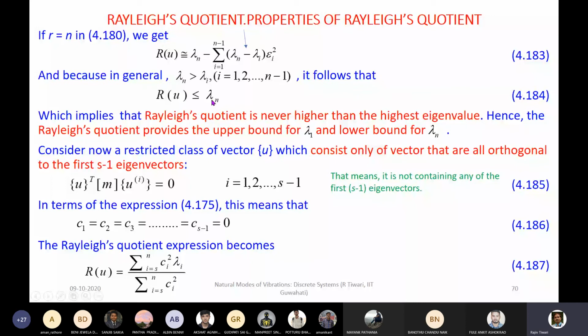So it is giving a bound: the range within which the other natural frequencies will fall. That is the concept of Rayleigh's quotient, which gives a fair idea of the highest value the eigenvalue can have and the lowest value it can have. So it's giving some kind of bound.